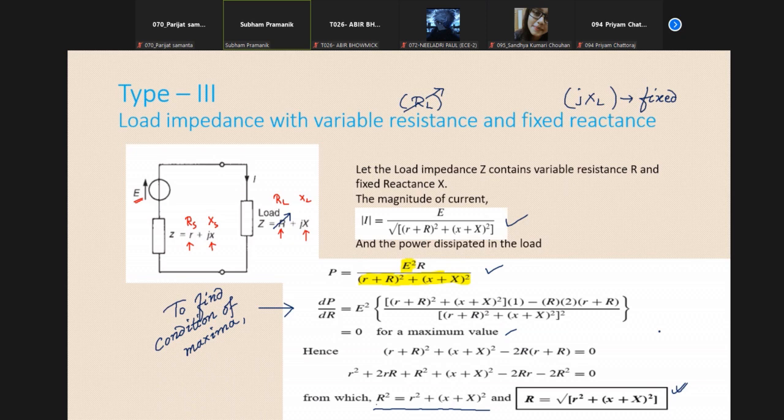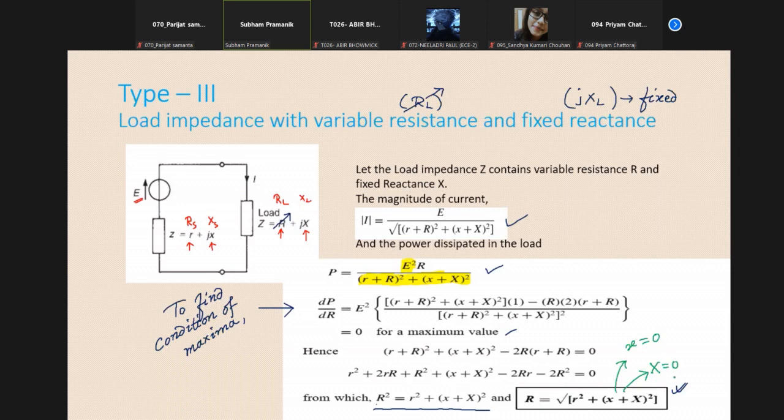You see that from this equation, two different cases are possible. What are they? We can have a situation where small x equals 0, that means the source impedance does not contain any reactive part, or we can have a situation where capital X equals 0.